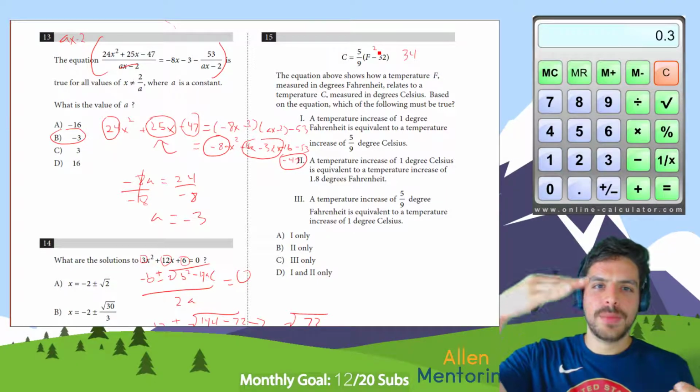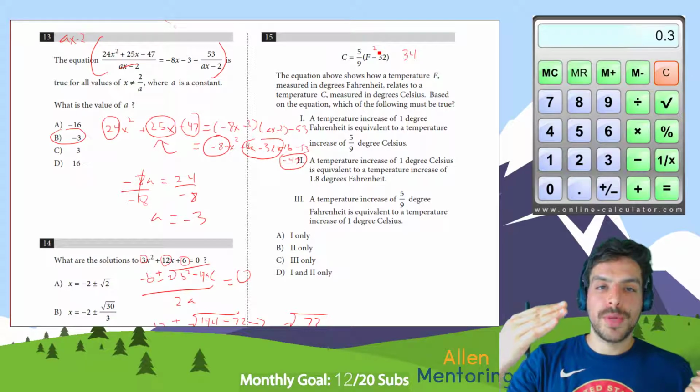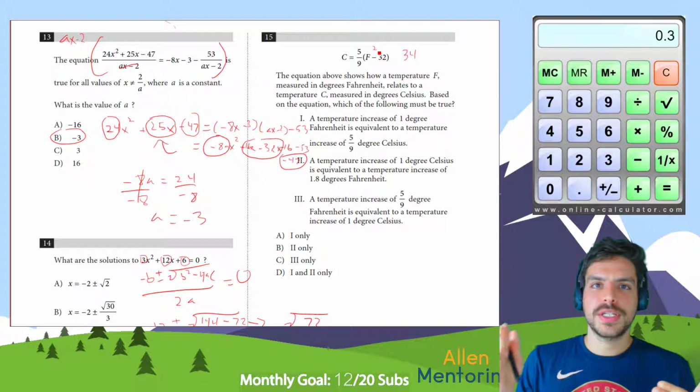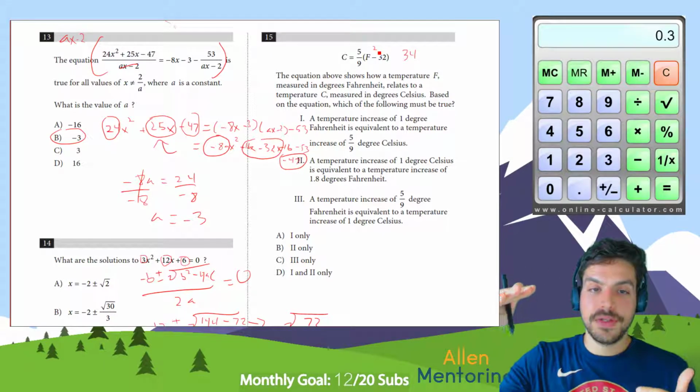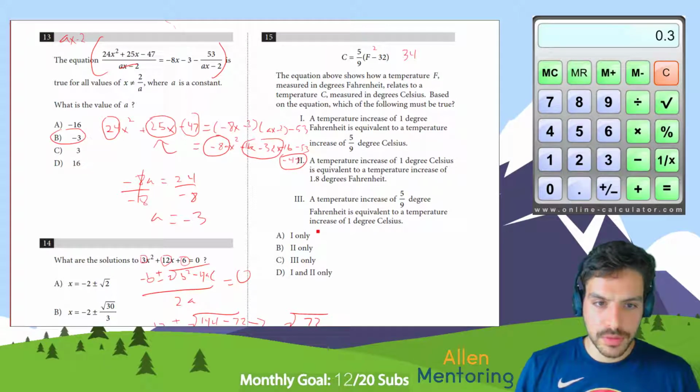So for every degree Fahrenheit, C also goes up by 5/9. You could test that out yourself with a few consecutive numbers. Okay, so 1 is definitely true. So we know that B is out, C is out.